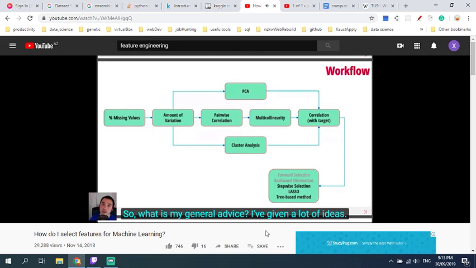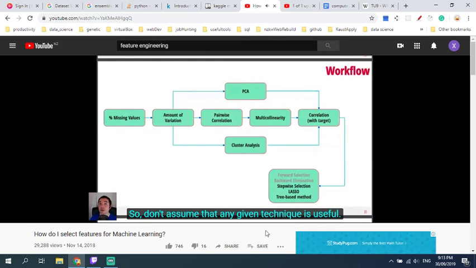So what is my general advice? I've given a lot of ideas. My general advice is to try simple techniques, because the more complicated you get, the easier it is to sink a bunch of time into it and to make a mistake. My next piece of advice is always check if what you're doing is actually helping or hurting.